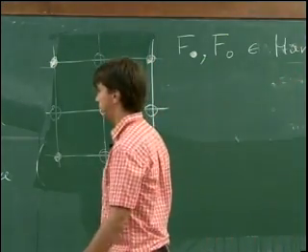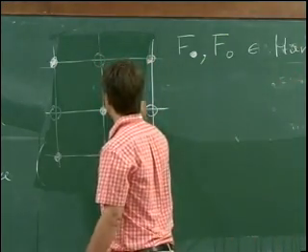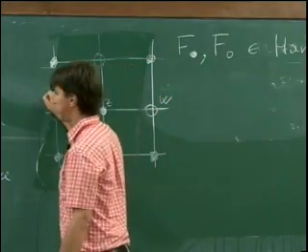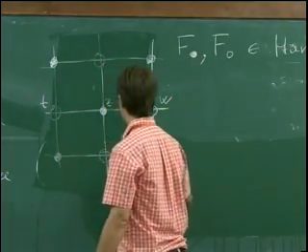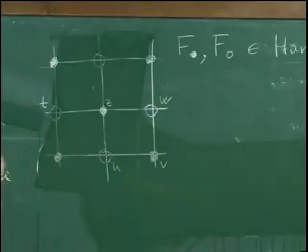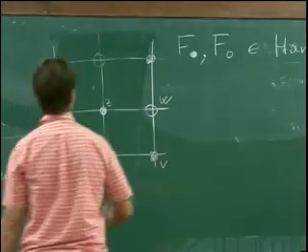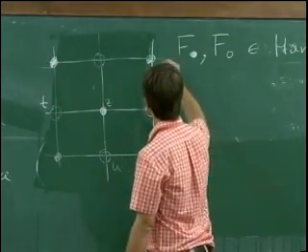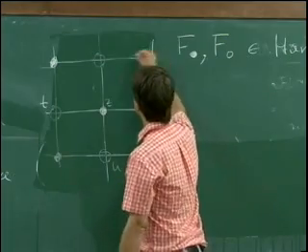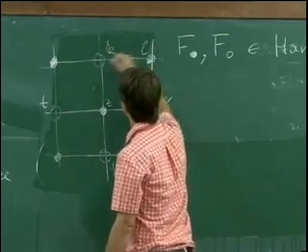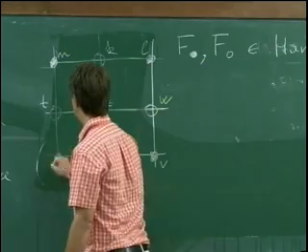This is z, w, t, let's say u and v, and let's say k, l, m, a for the other points.